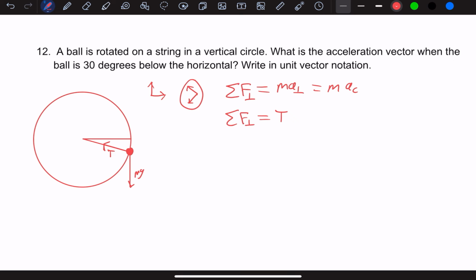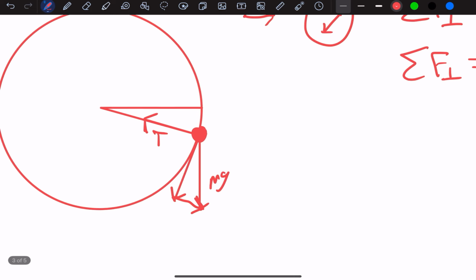However, it's not just that, because we also have a vector that is part of the gravity. So let's break this component of gravity into a component that's going radially outwards and a component that's going tangential to the circle.